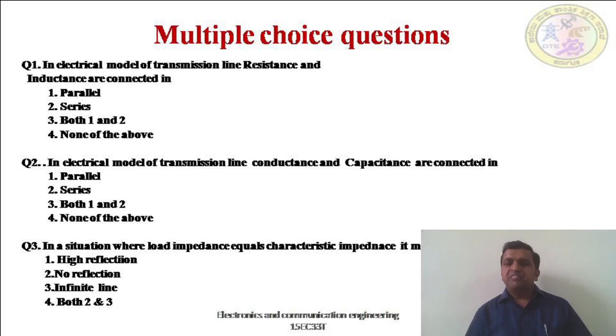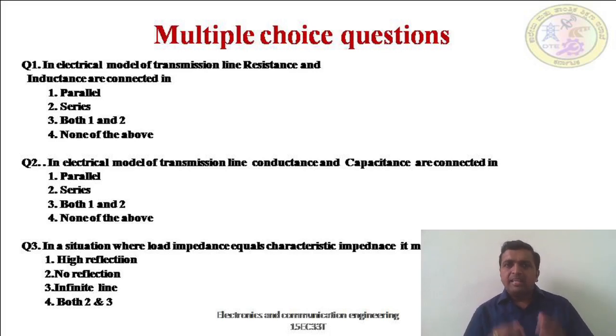The answer is series. Since I told you in the brief explanation of the block diagram of the electrical model of a transmission line, the first two components, resistance and inductances, are connected in series. Hence the answer is 2, series.